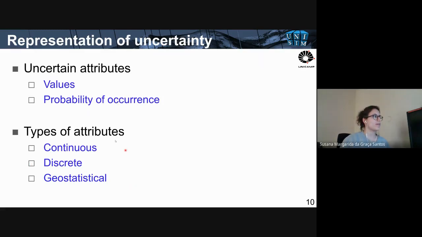And then we have basically the main three types. We have continuous attributes, we have discrete, and we have just statistical realizations. I'm sure that you've seen part of the things I'm talking about in the first lecture that Manuel gave you.